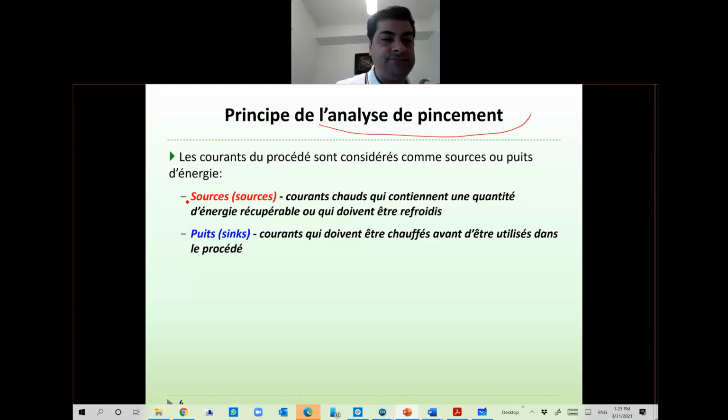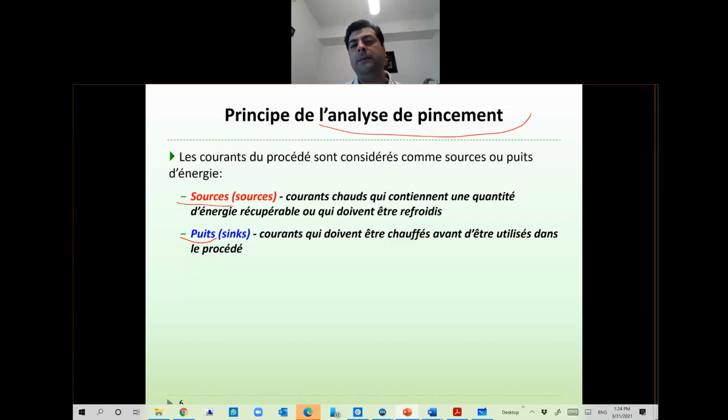We have streams that are source of energy. We call them heat source streams, and we have streams that need to be heated. So they require energy to be heated, and we call them sink streams. In French, source is the same, but puits is the equivalent for sink.